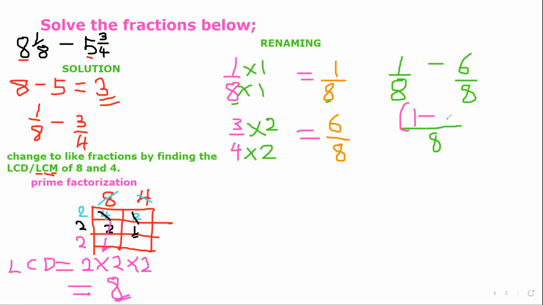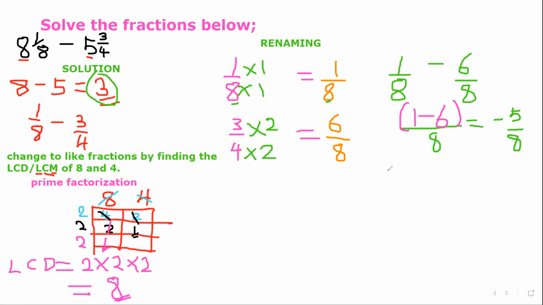1 minus 6 here, and that one will be -5. That is minus 5 over what? 8. But we have a positive 3 already here.